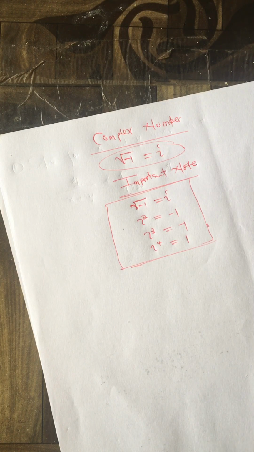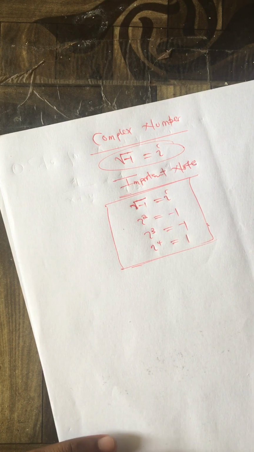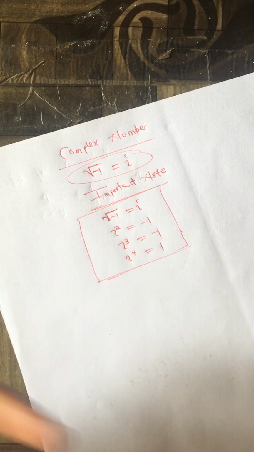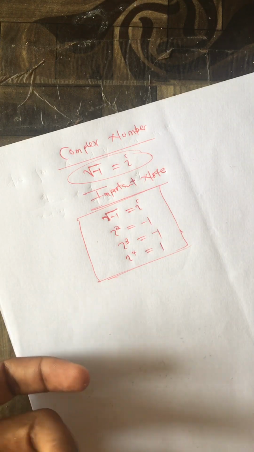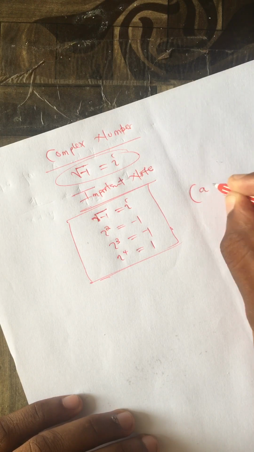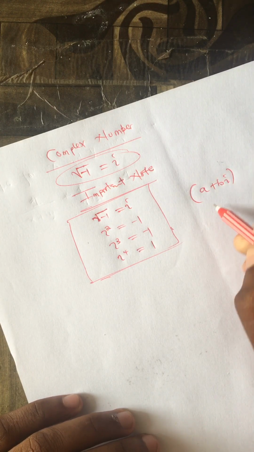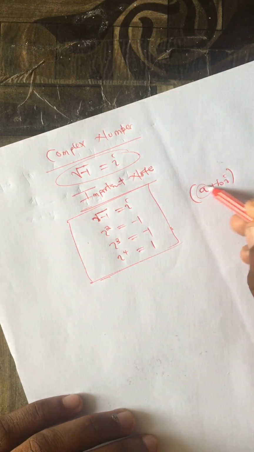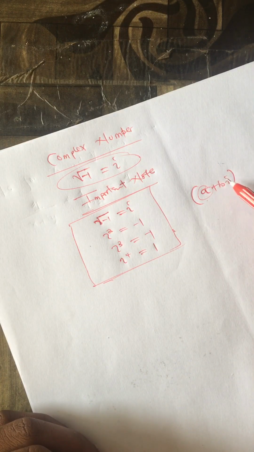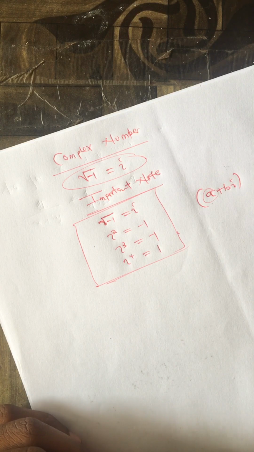Then addition and multiplication, even division and subtraction of these complex numbers, you just have to know that the real number will be the like term of the real number, then the imaginary number will be the like term of the imaginary number. For example, if you're given a plus bi, this a will stand in as the real number, then the bi will stand in as the imaginary number.